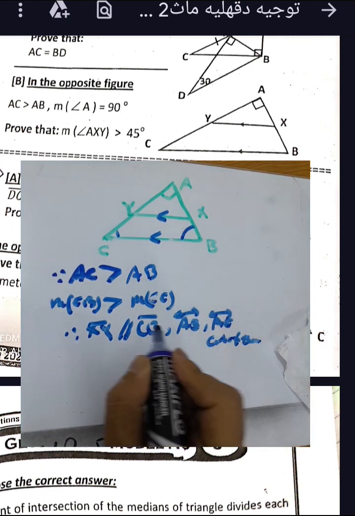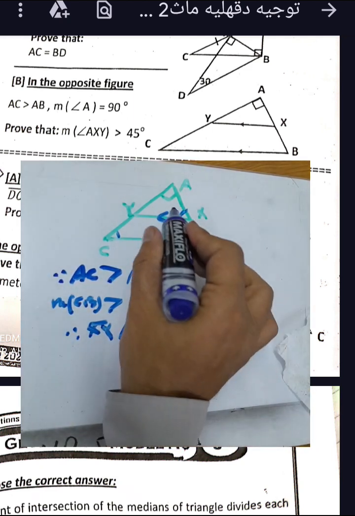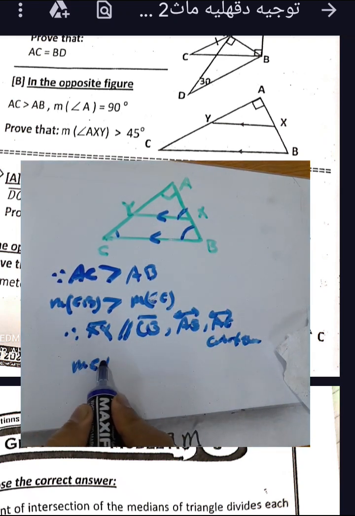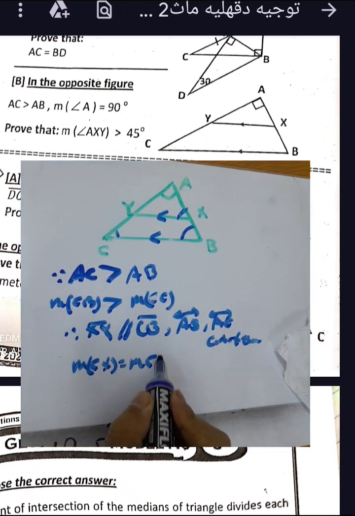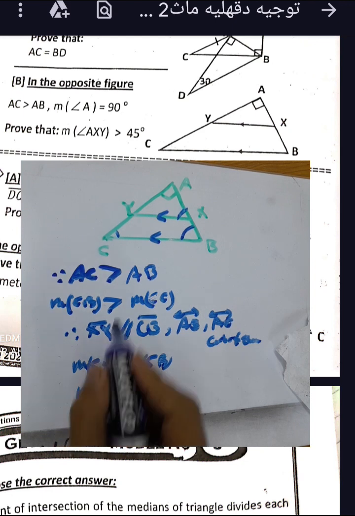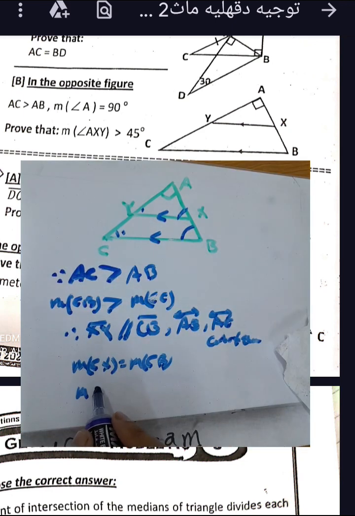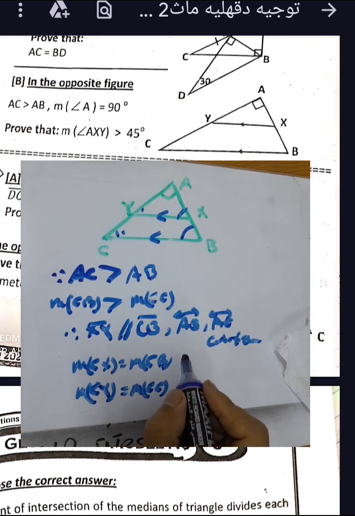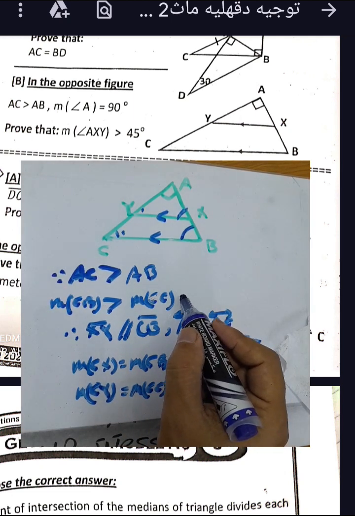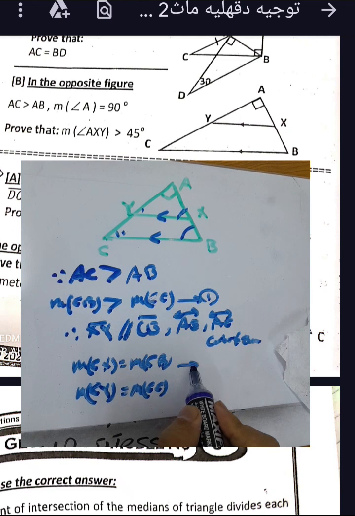Then we have corresponding angles here equal. Then measure of angle X equals measure of angle B, and measure of angle Y equals measure of angle C. Okay, it's relation number 1, relation number 2, number 3.